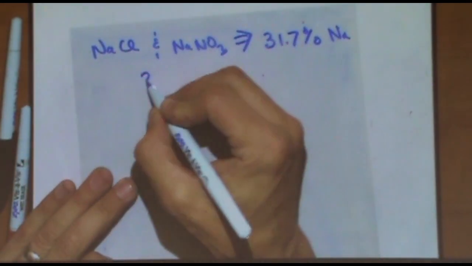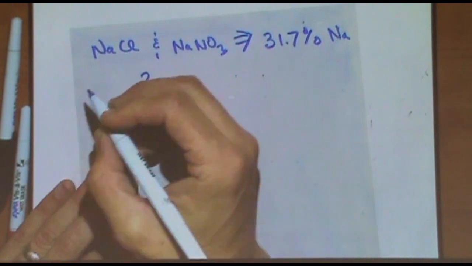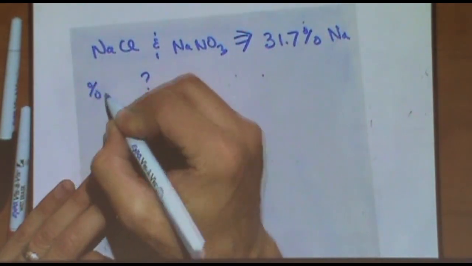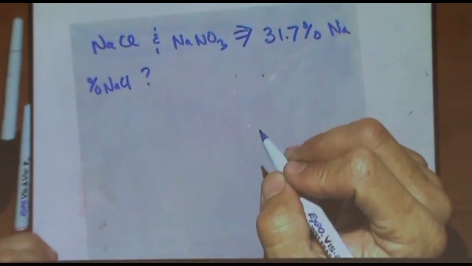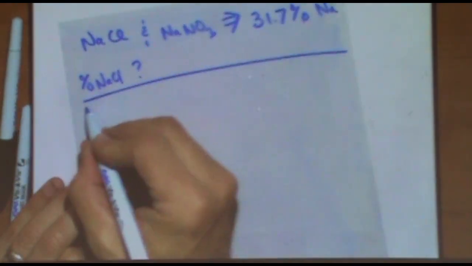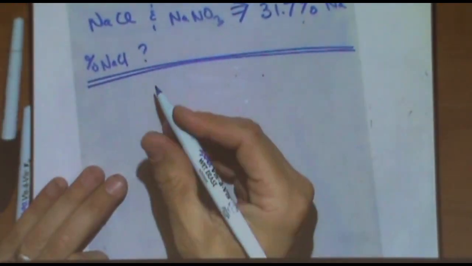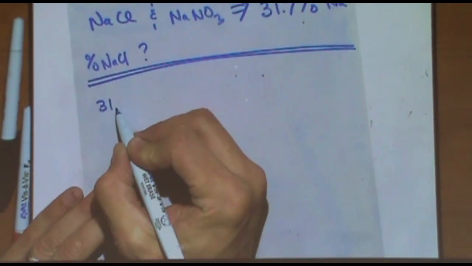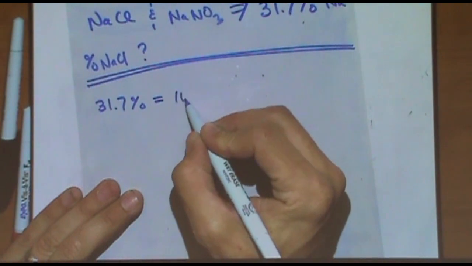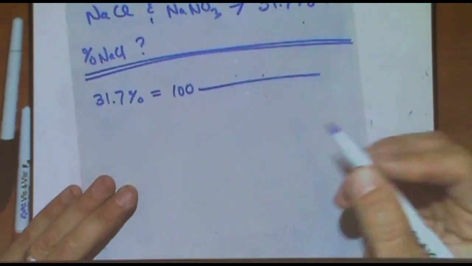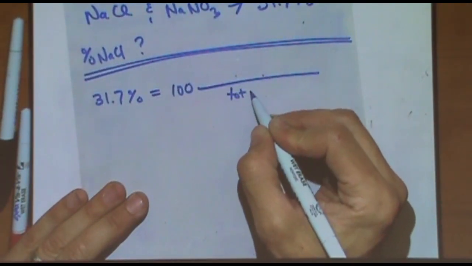What is the question mark is, you want to know the percent NaCl in the mixture. Okay. So 31.7%.